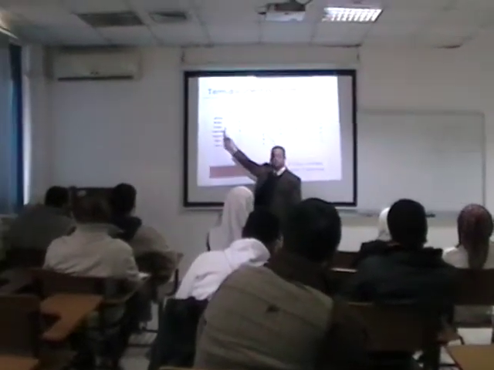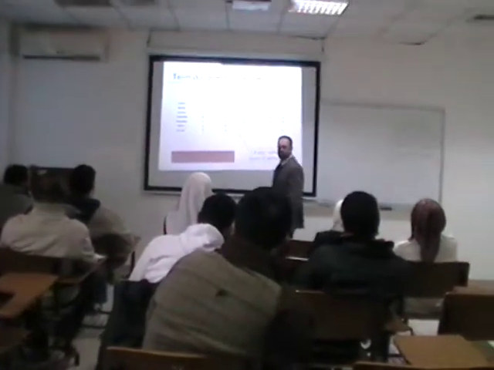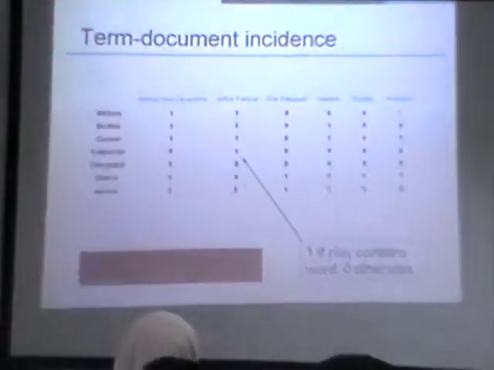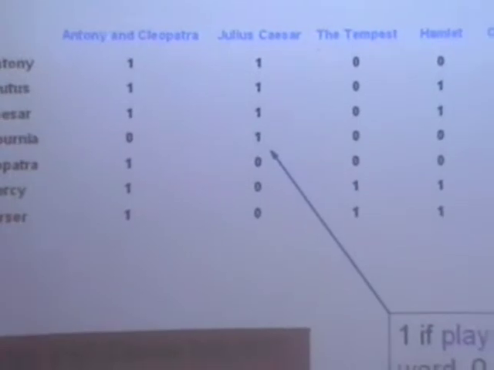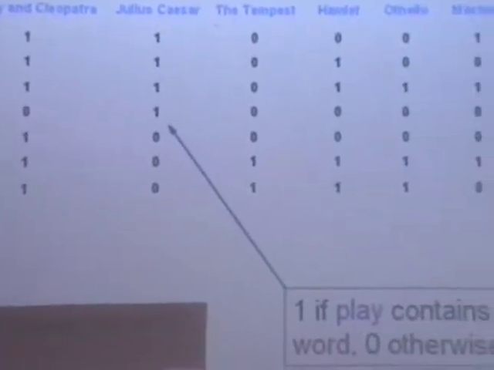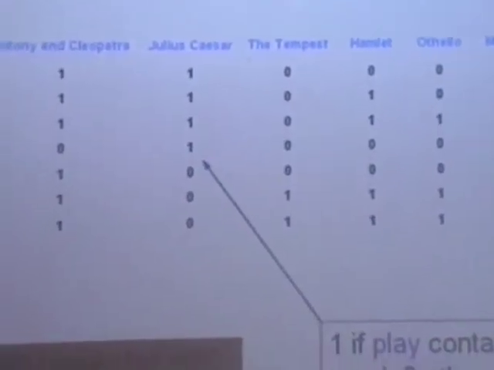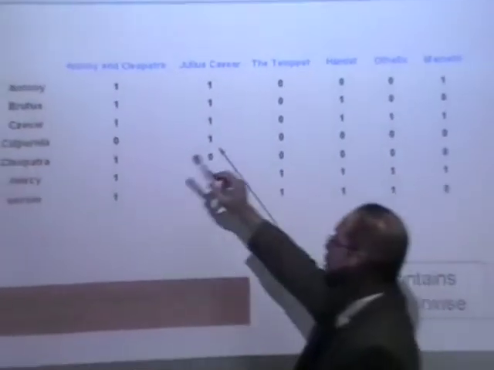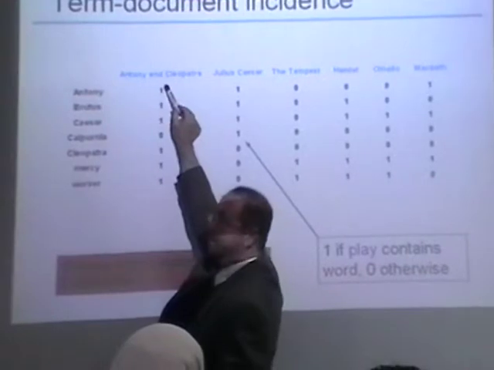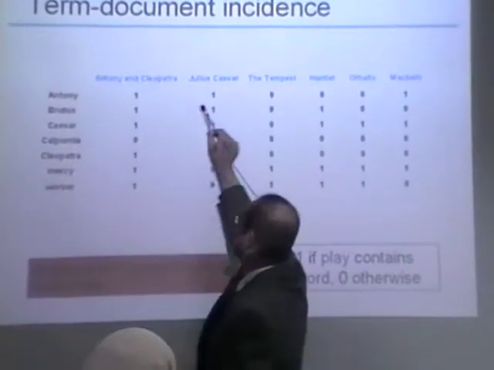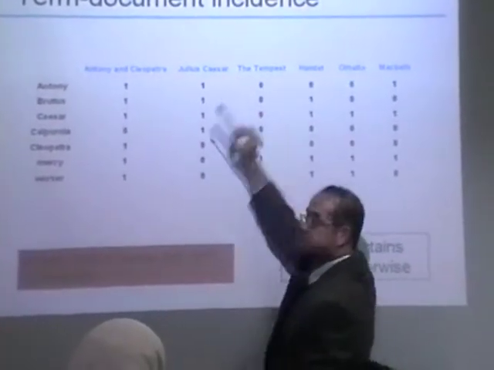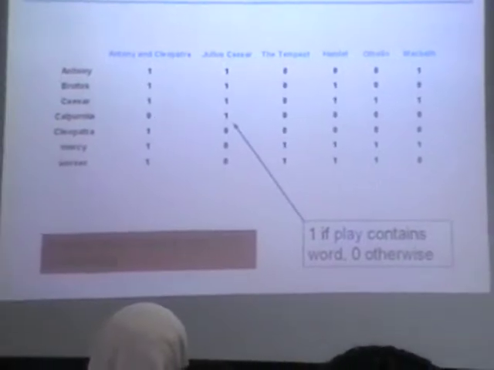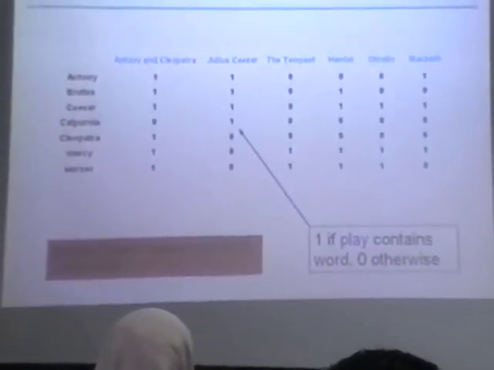And we have words in documents. So we form a matrix from document names and words in these documents. We have ones and zeros. One whenever the word exists in the document, and zero whenever the word does not exist in the document. So it's a matrix of ones and zeros.